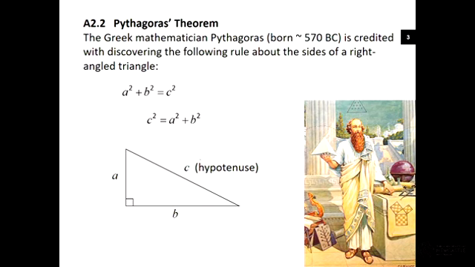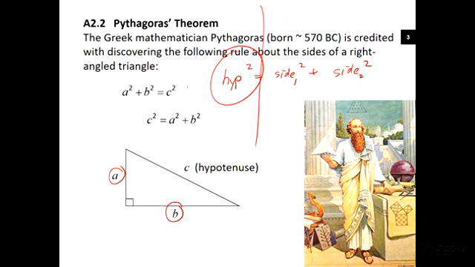I could just write that the hypotenuse squared is equal to side 1 squared plus side 2 squared. Clearly, if I'm calling them side 1 and side 2, it doesn't matter which order I put them in, plus is plus. The only thing that matters is your hypotenuse, the odd one out, is the one by itself. So the rule is that the longest side squared is equal to the sum of the shorter sides squared.